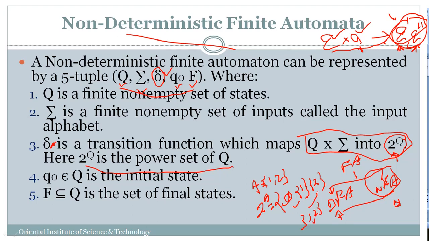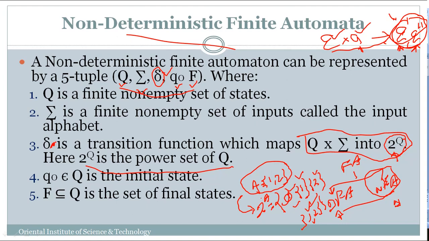These are nothing but all the possible subsets of A. It means the power set is the set of all possible subsets of the original set.